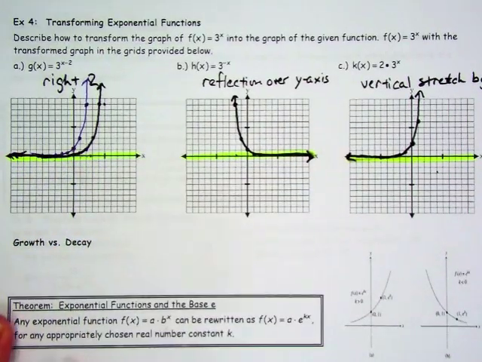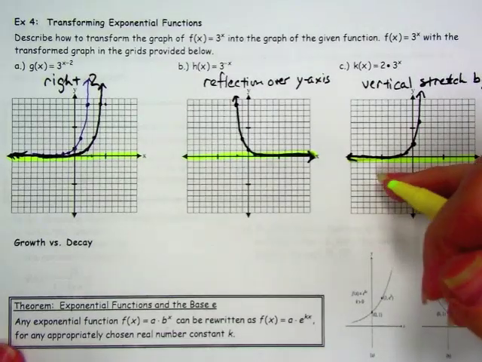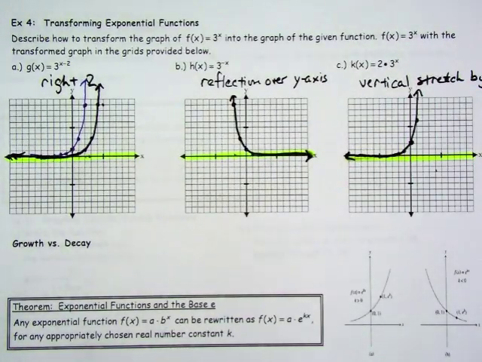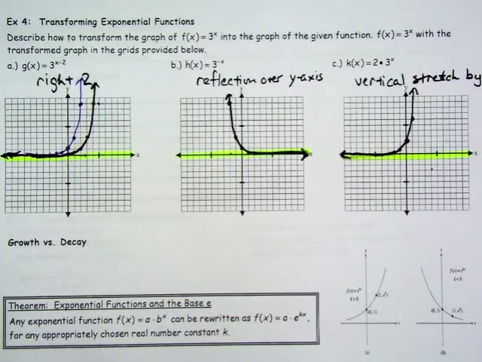The only way that horizontal asymptote changes is if there is a vertical shift. If I shift this whole graph up 2, then my horizontal asymptote would be at y equals 2. If I shift it down, obviously, the horizontal asymptote would go down as well. All right, so you'll have a chance to practice those a little bit more in your homework.